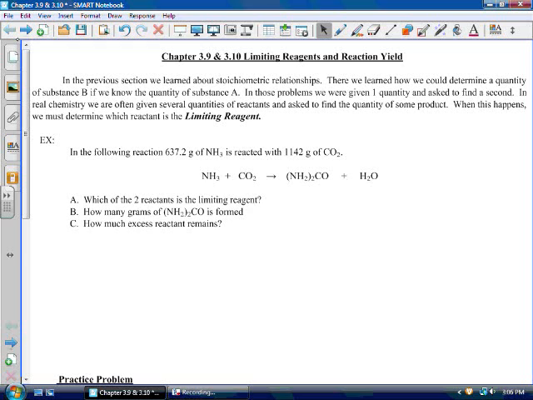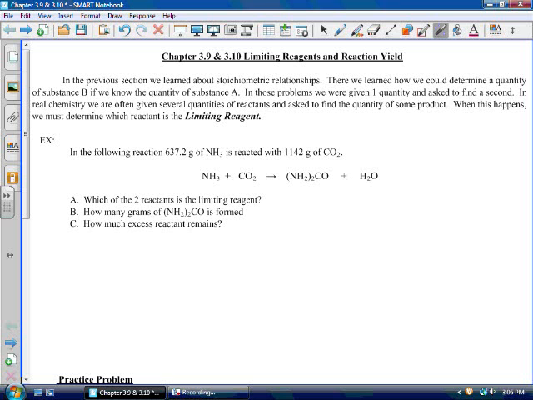And what we do in this case is we're going to make an assumption like we would have done before. In the last section, if I had given you just that number and said find the grams of NH2CO, you would have done a straightforward stoichiometry problem. However, in this problem, we don't have just one number. We have both numbers.